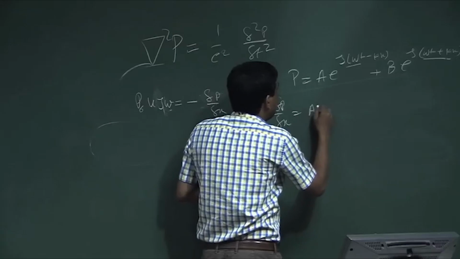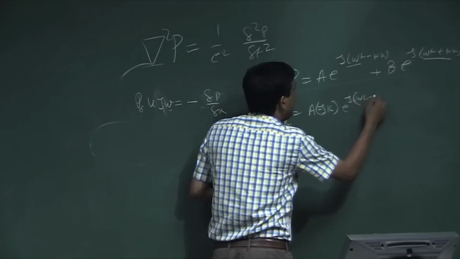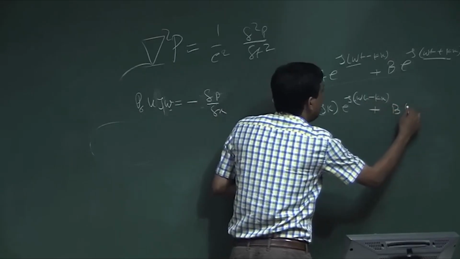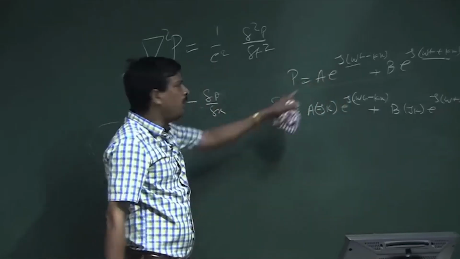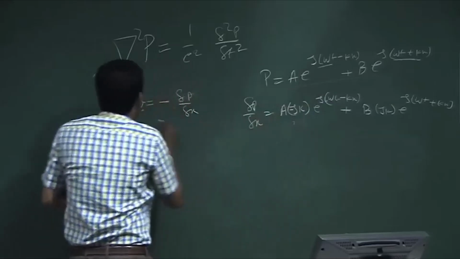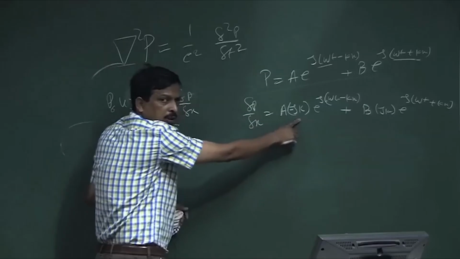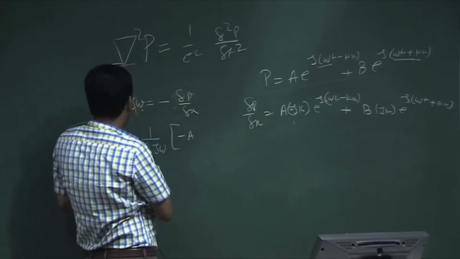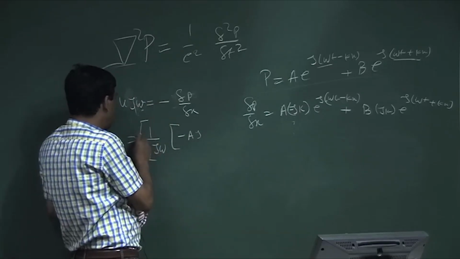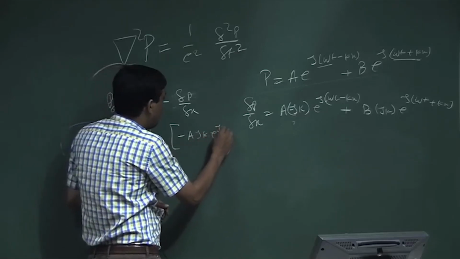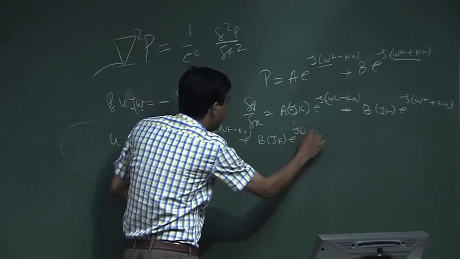So it is minus a j k e to the power j omega t minus kx plus b j k e to the power j omega t plus kx. Okay? I take the simple differentiation of this equation. Now I put this value in here. So u is 1 by rho 0 j omega into this function, so the minus sign is there: minus a j k e to the power j omega t minus kx plus b j k e to the power j omega t plus kx.